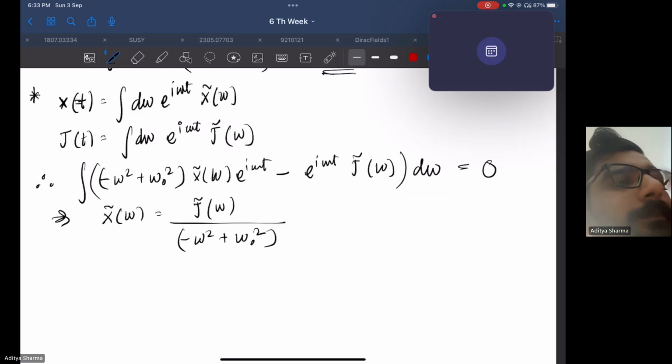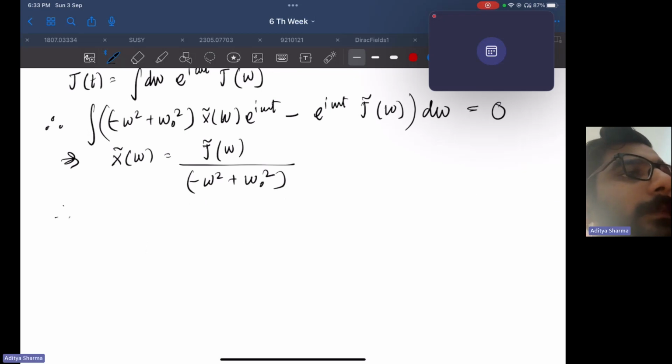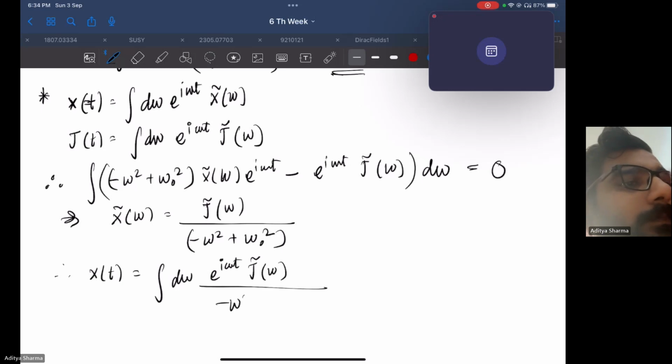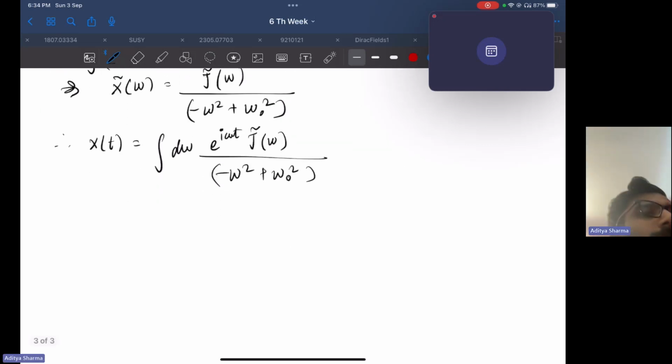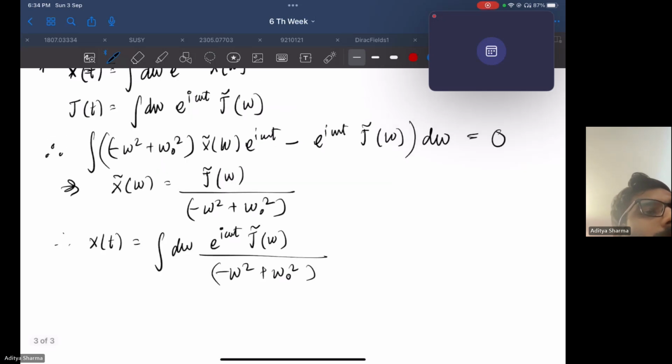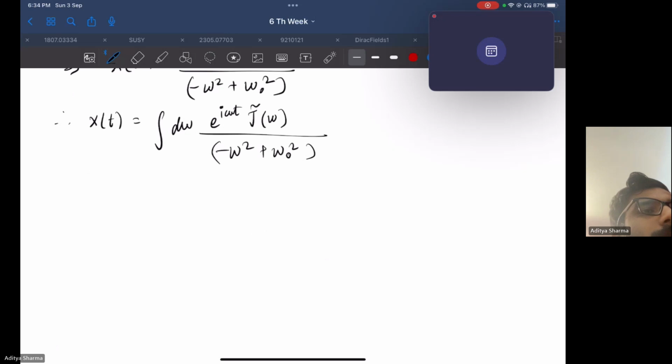Okay. Therefore, x of t is nothing but the integral of this, and we will have to integrate this.